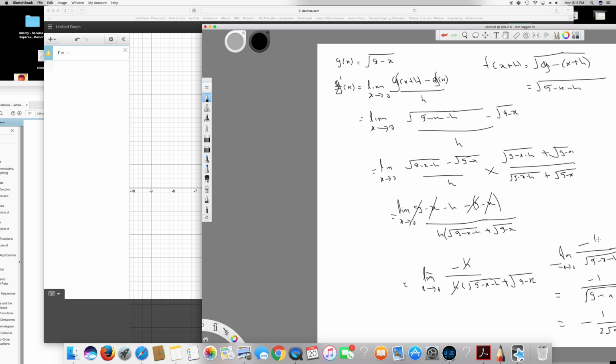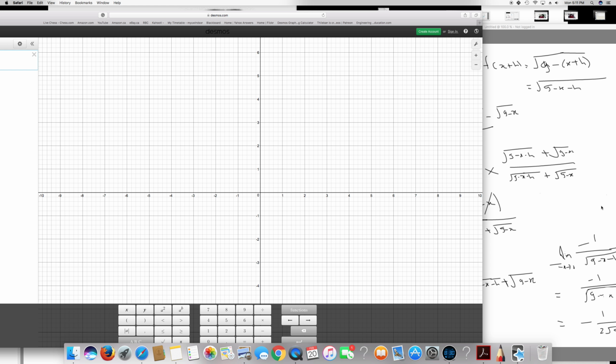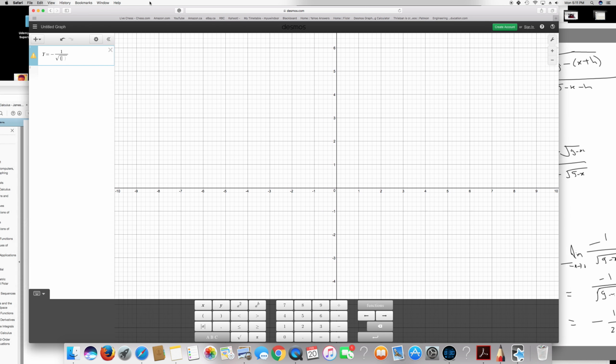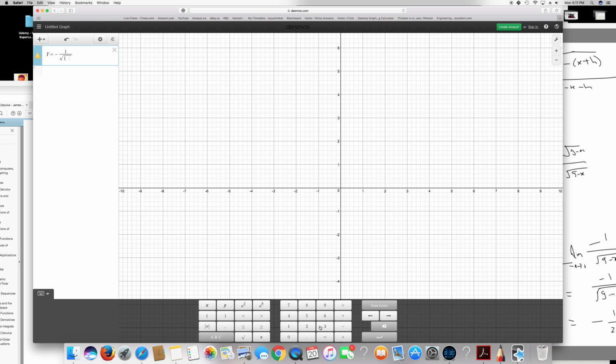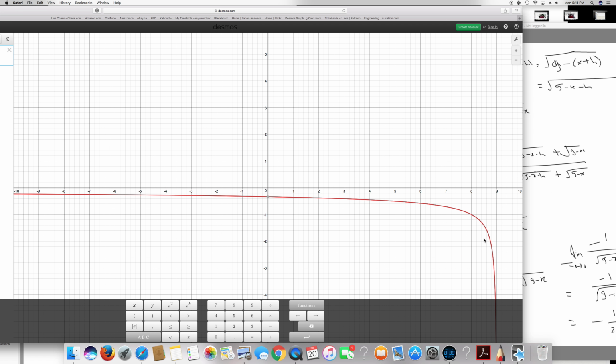Negative 1 over square root of 9 minus x. This is the graph for the derivative. It's the same thing, starting from negative infinity to 9.